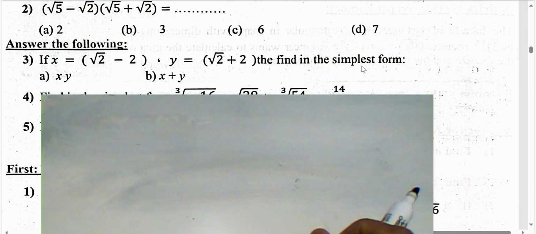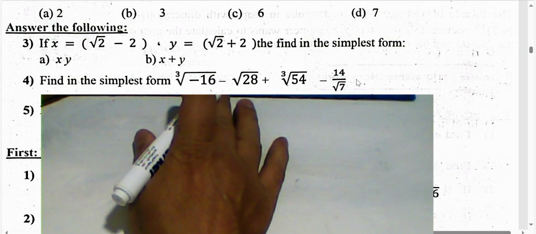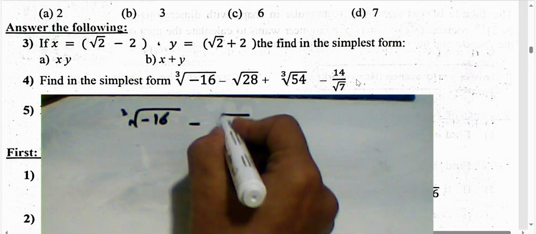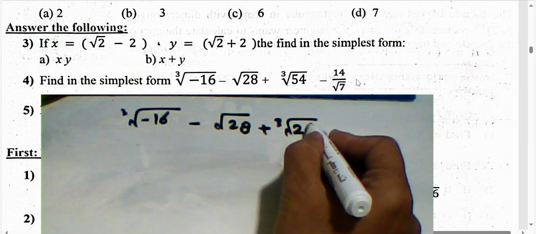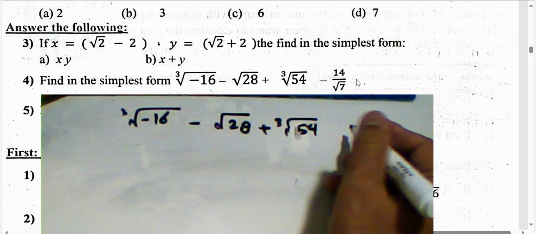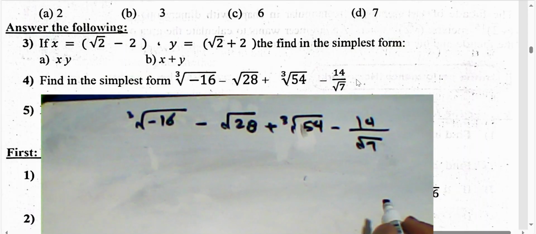Next example, number 4. Find the simplest form of this number: the cubic root of negative 16 subtracted by the square root of 28 plus the cubic root of 54 subtracted by 14 over root 7. We can simplify this example.